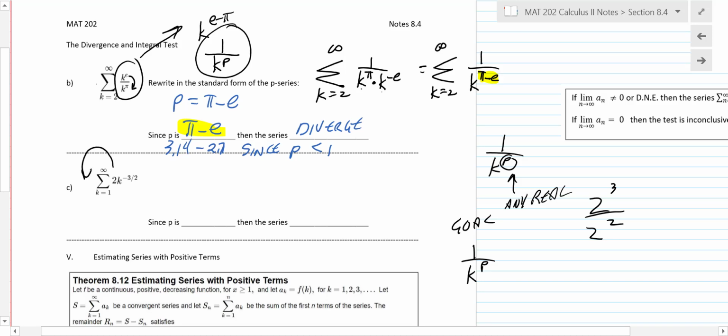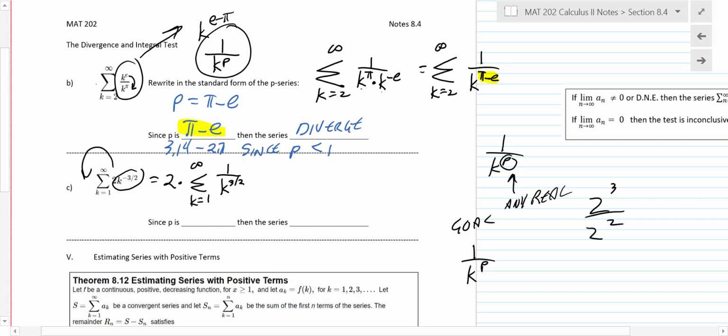You take it out of the series, just like you take constants out of integrals. So you would have 2 times the series, k equals 1 to infinity. And what's a good idea to do with k to the negative 3/2? Put it in the bottom, make the exponent positive. Then you would end up having 1 over k to the 3/2.